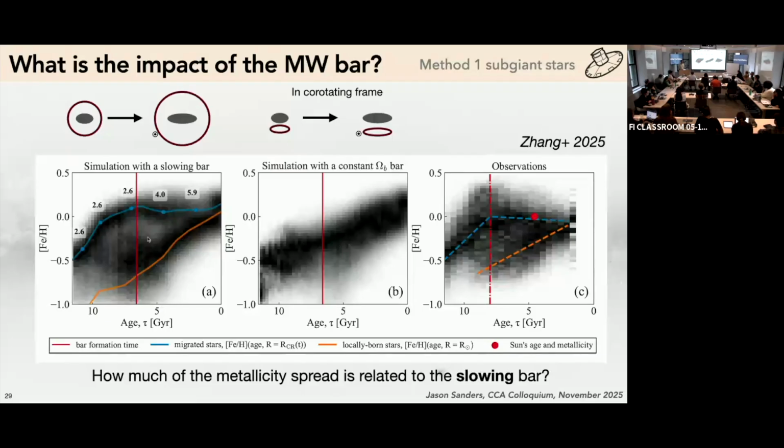And then when you add in a slowing bar, you begin producing in the simulations this upper sequence. The upper sequence are things that have been dragged out with the bar to the solar neighborhood. So they've got trapped in the co-rotation resonance with the bar and are transported outwards, much in the same way as I showed with the chevrons before. And the lower sequence, orange, is basically the in situ material. It's the stuff that stayed around its birth radius mostly over its whole lifetime.